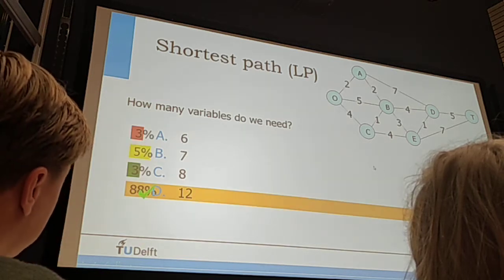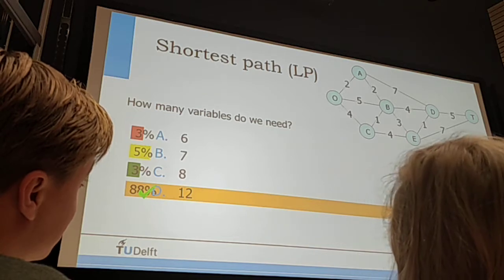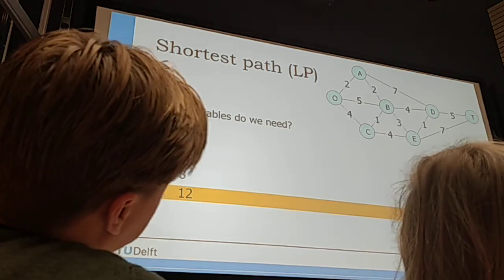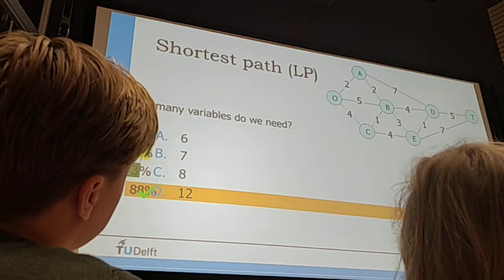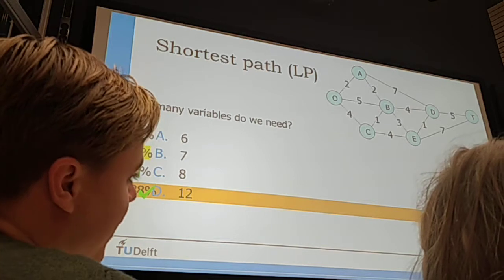Yeah, very good. 88% of you got that right. Indeed, it just counts the number of links. Each link is a variable: it is used or not by the path, and that's it. There are 12 links in this case, so we have 12 variables. So we have 7 constraints and 12 variables.